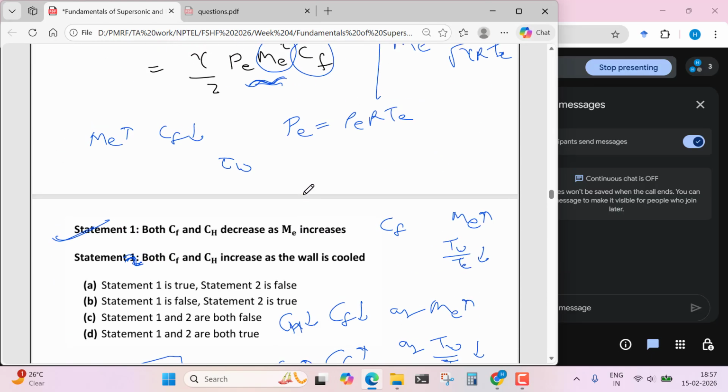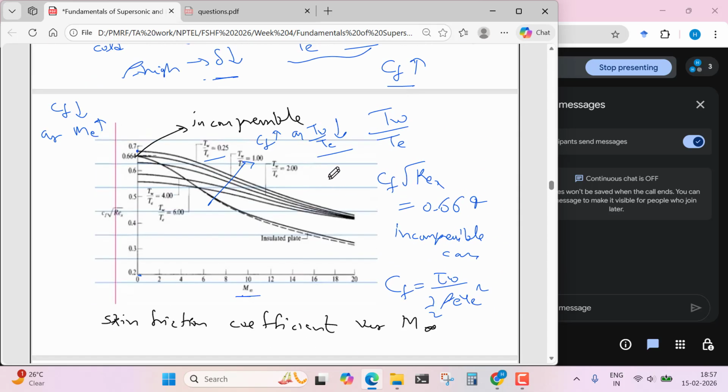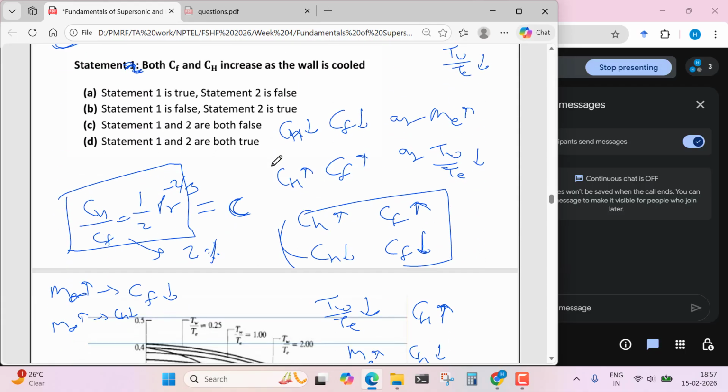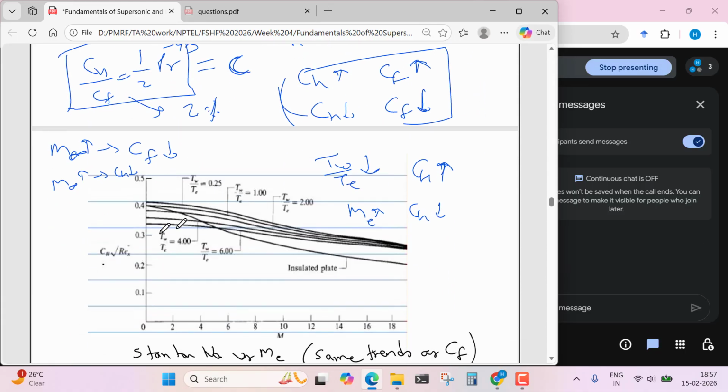Now here we have seen before that as TW upon TE is decreased, it means the wall is cooled, then CF increases. Similarly for CH, if you see these two plots, a low value of TW upon TE means that the wall is cooler.